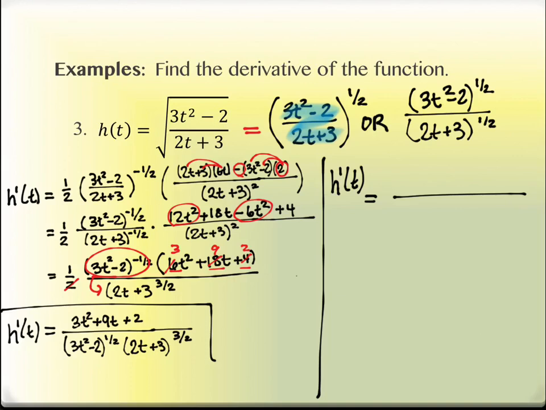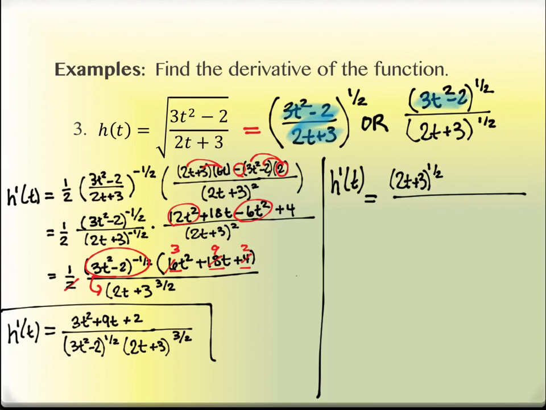If I'm dealing with this from the perspective of a chain inside of a quotient, what happens is that I've got a quotient rule. Well, the quotient rule says low. I write the low part first. Well, the low part is 2t plus 3 to the 1/2. And then I multiply it by the derivative of the numerator, but the derivative of the numerator has a chain rule in it, right?